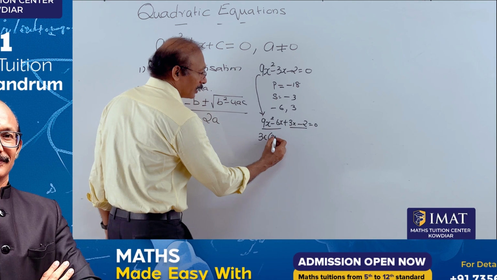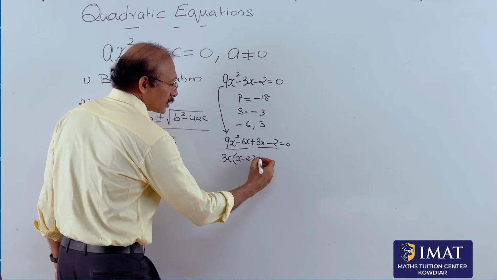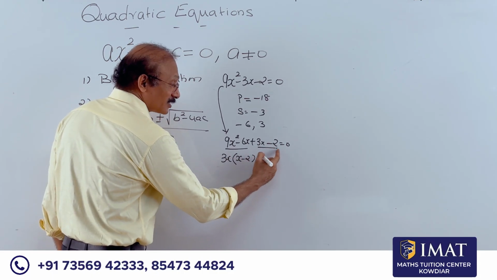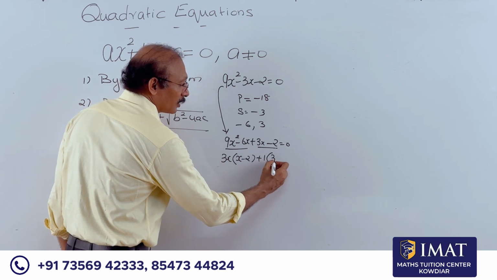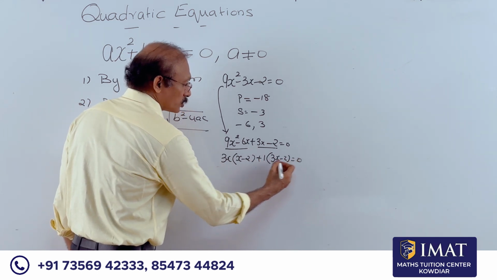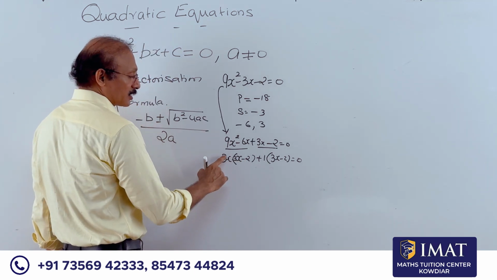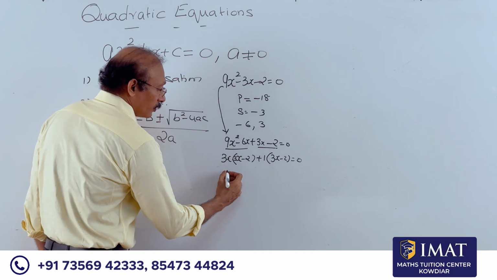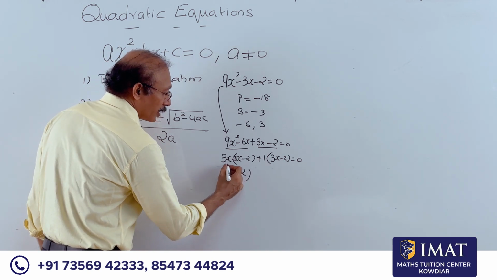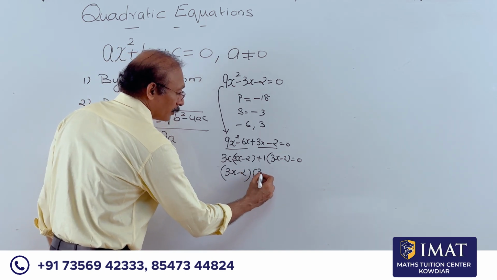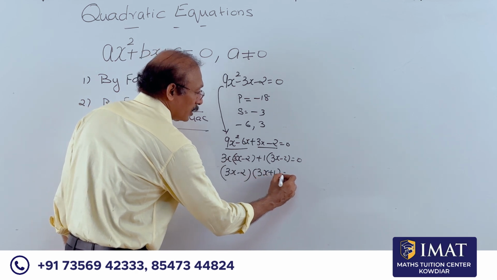So you get in bracket 3x minus 2. From the next two terms, there's nothing common, so 1 is the common factor. So 3x minus 2. Now from these two terms, you can take 3x minus 2 as a common factor. You get in bracket 3x plus 1 is equal to 0.